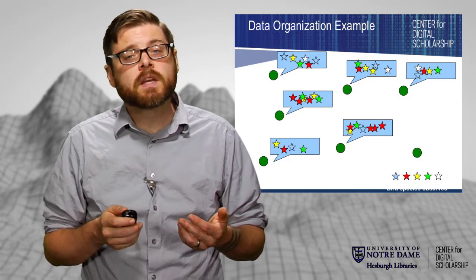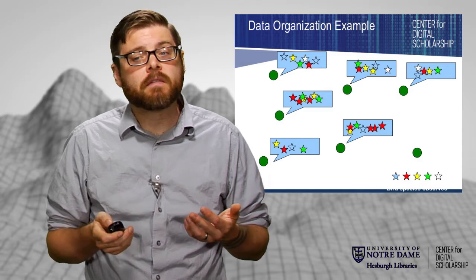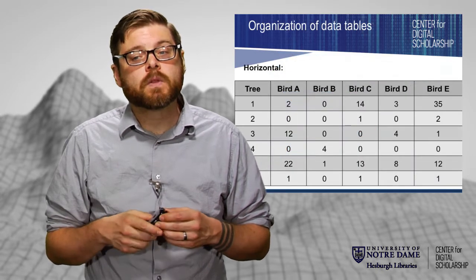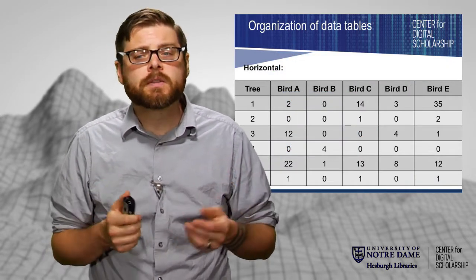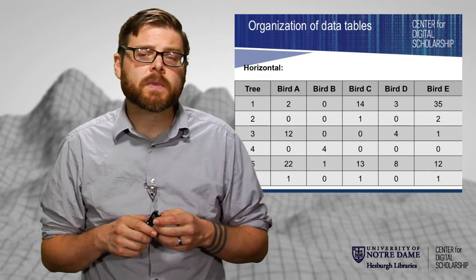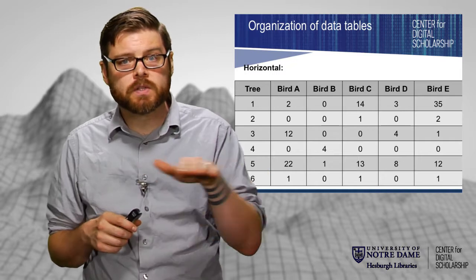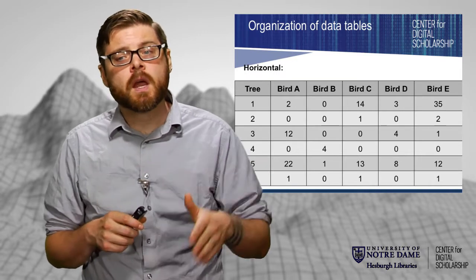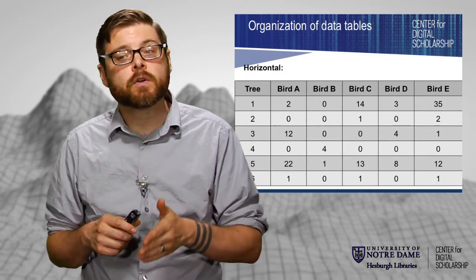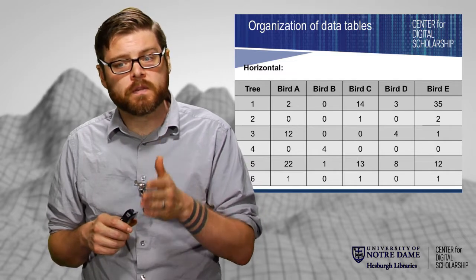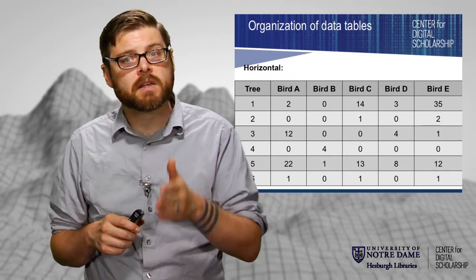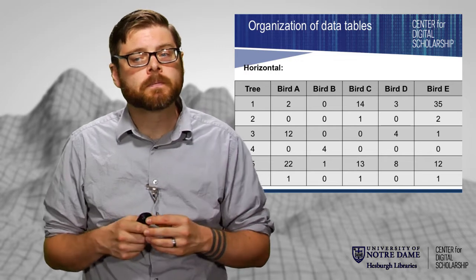So there are different ways we could organize the data that we have here. The way that we might think about doing it is what we call a horizontal method, where we have each tree as the records, as the individual rows, and then the number of each species of bird that were observed there as columns. So bird A has a column, bird B has a column.